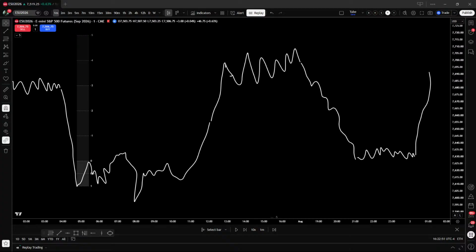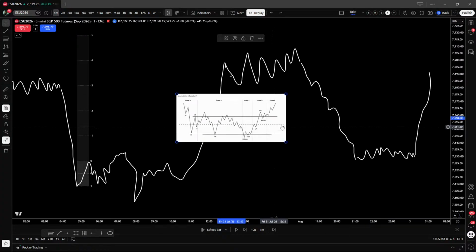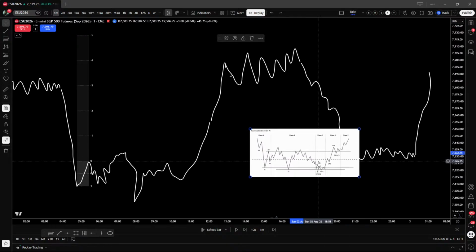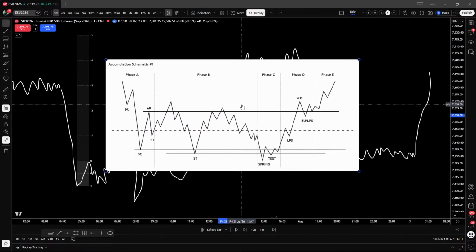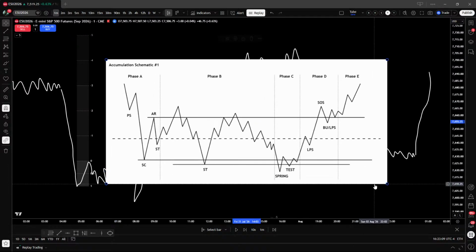I'm just going to grab a copy here of this. So this is the Wyckoff pattern or schematic, if you want.